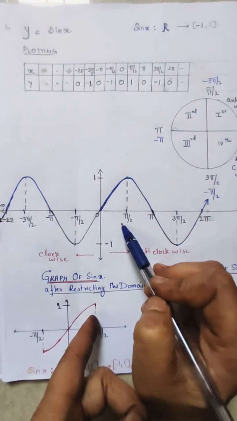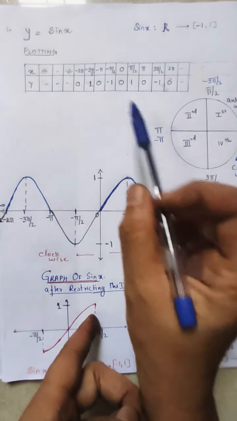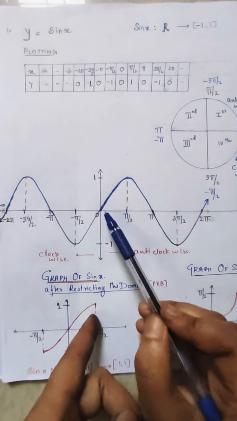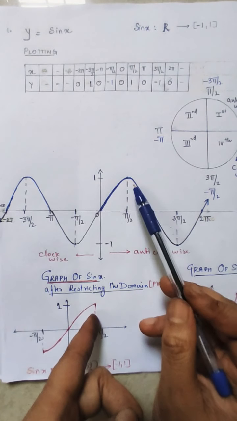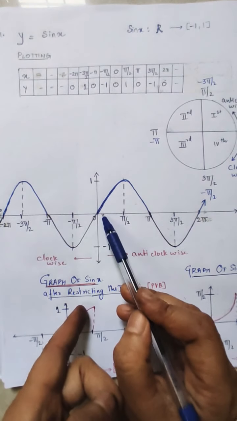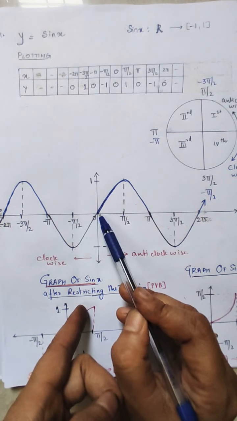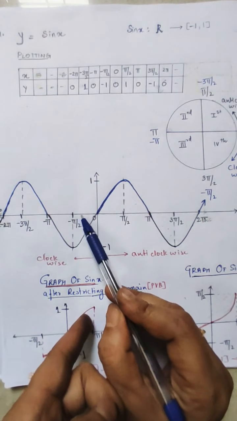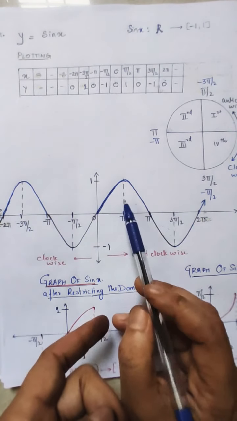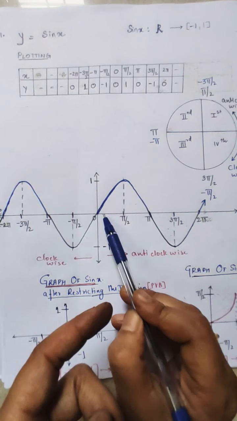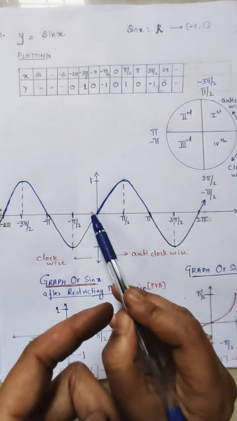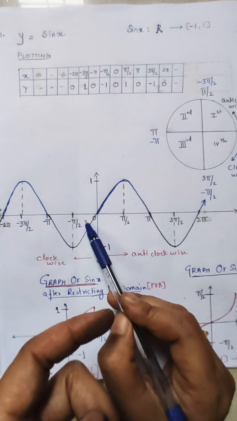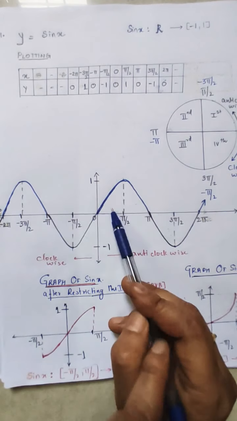So what we will do is restrict the domain of the sine function in such a way that we select some domain for the positive range and some domain for the negative range, such that each of these positive and negative values doesn't have two different domains.